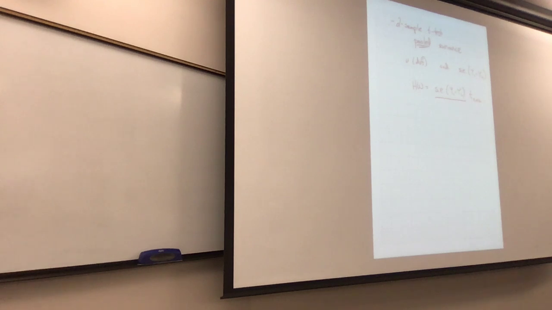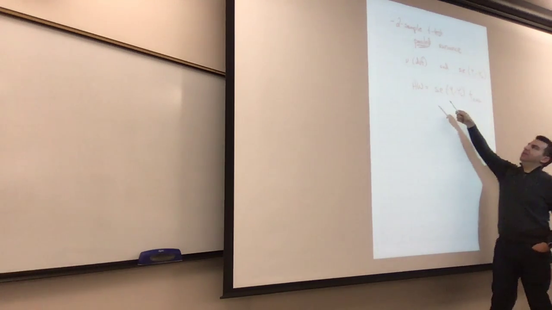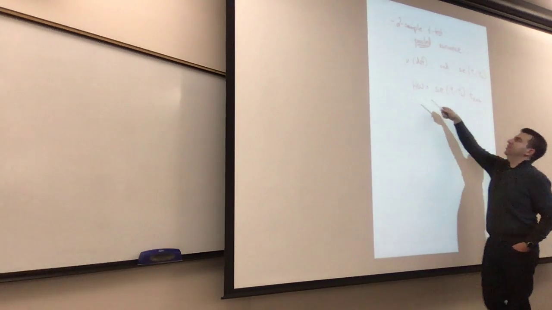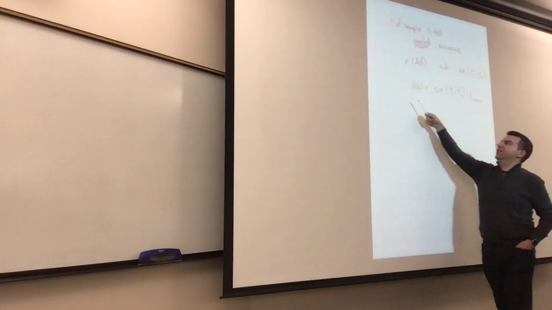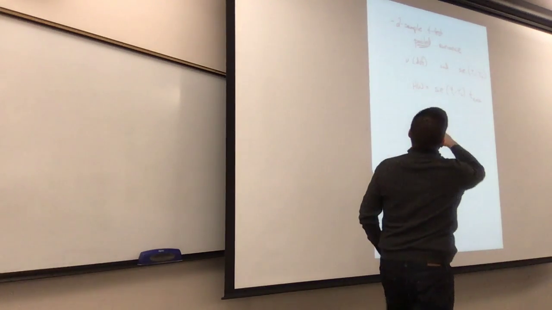So basically, if you know the formula for standard error and the formula for degrees of freedom, you can calculate a half-width. You know that the half-width is centered on the difference between the two means.